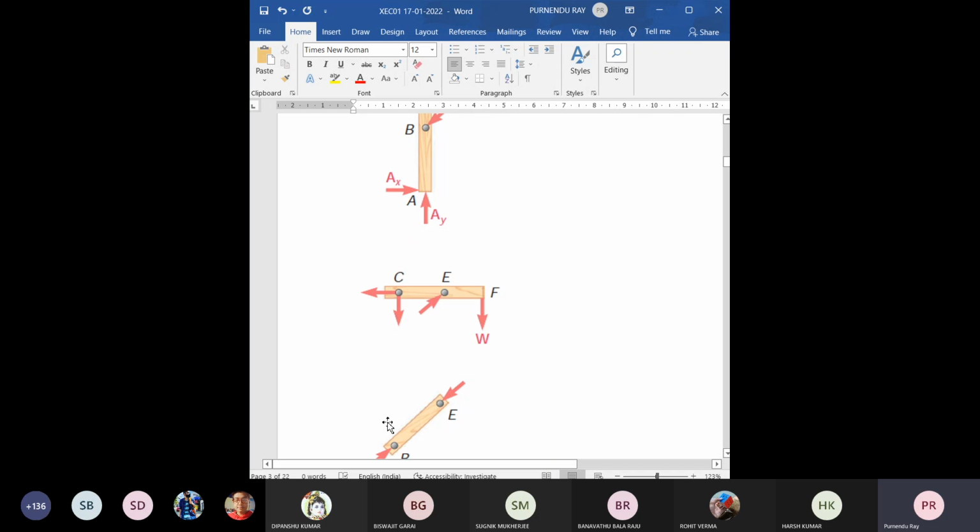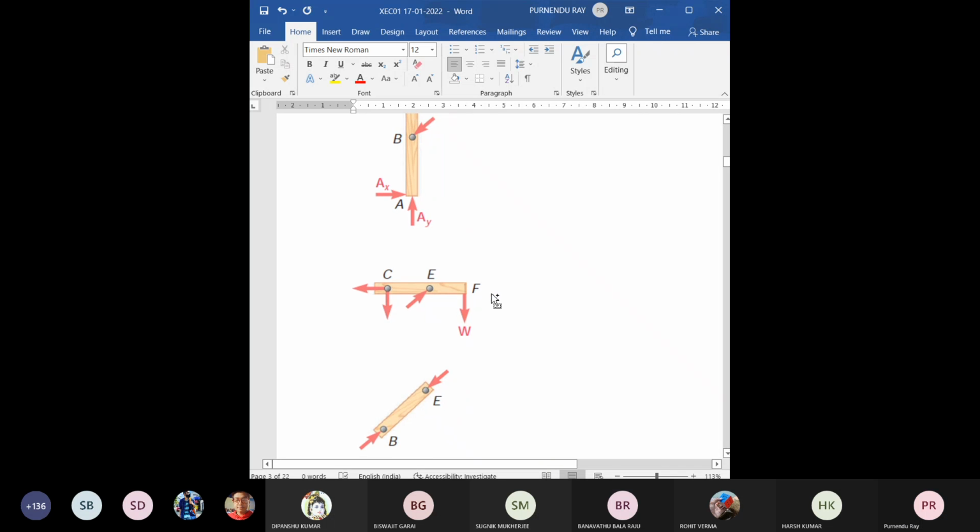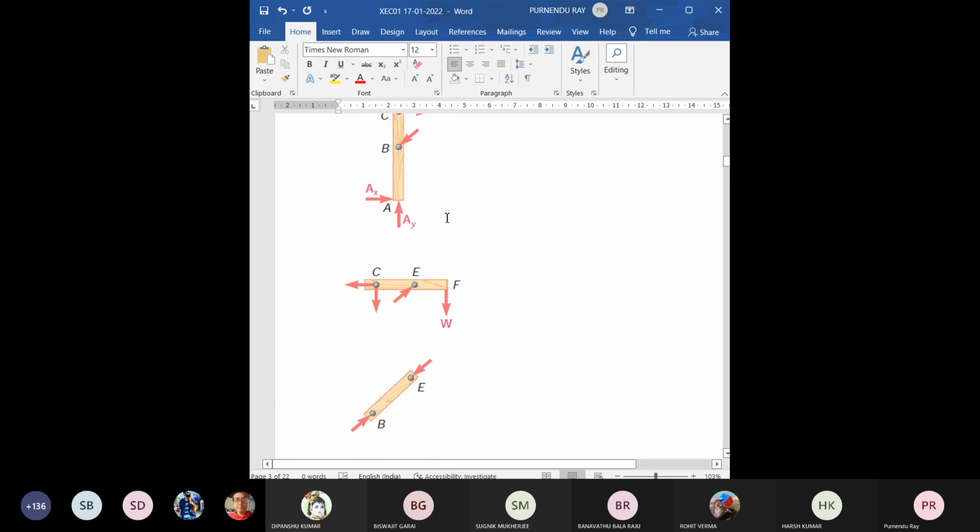Now at joint B, everything is under equilibrium, so this pin is also under equilibrium. This is the force applied by the inclined member BE at that pin on the member AD, and this is the force for equilibrium of the same value, equal and opposite to this value. It was inclined downward, it will be inclined upward.